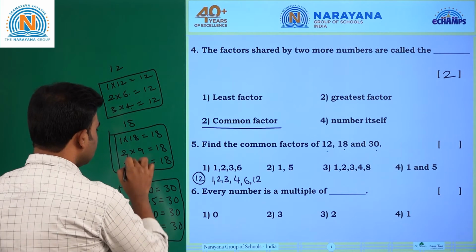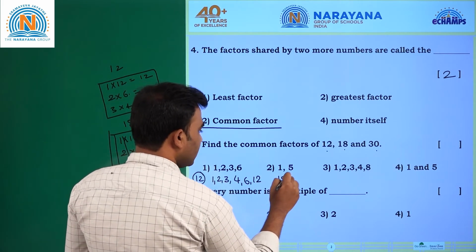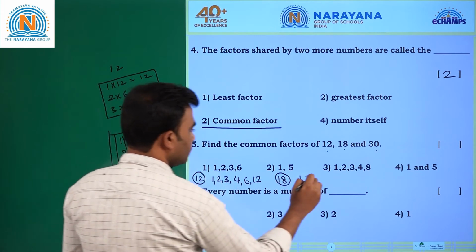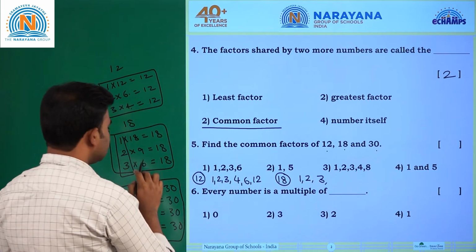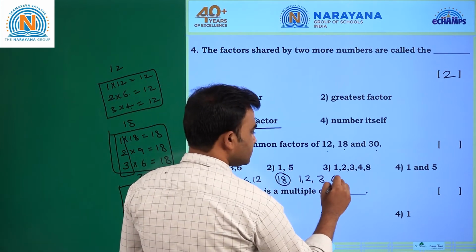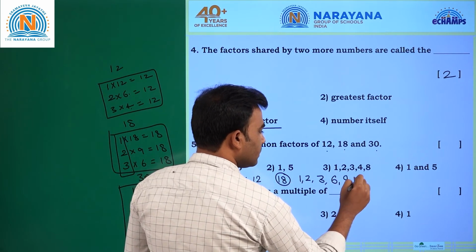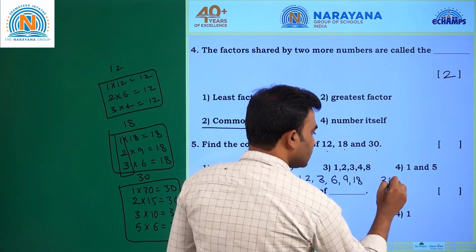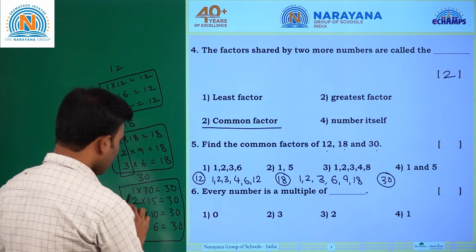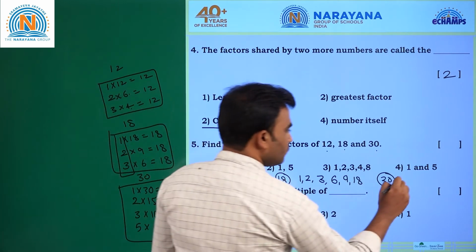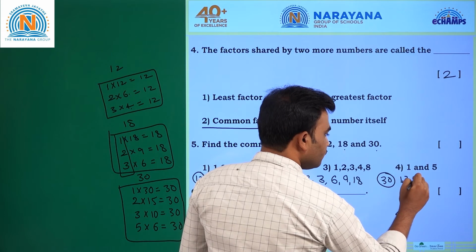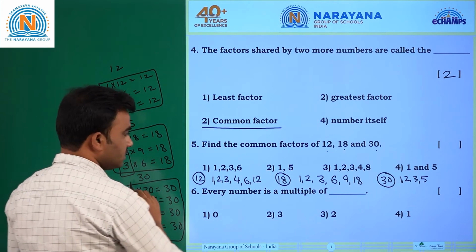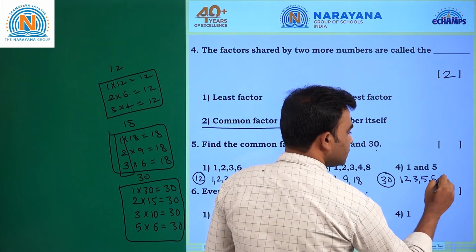Factors of 18 are 1, 2, 3, 6, 9, 18. And next, what are the factors of 30? 30 factors are 1, 2, 3, 5, 6, 10, 15, 30.